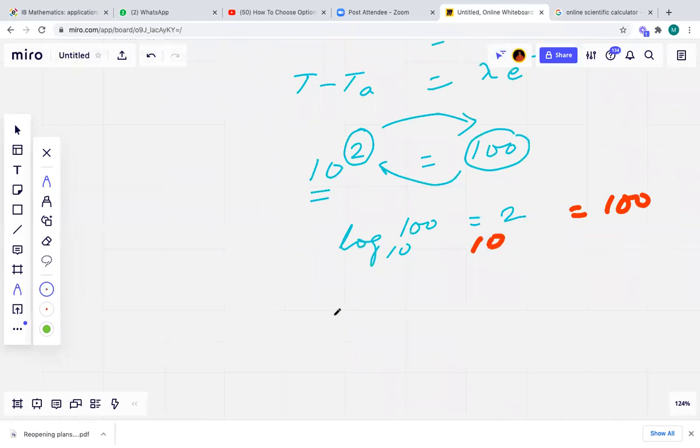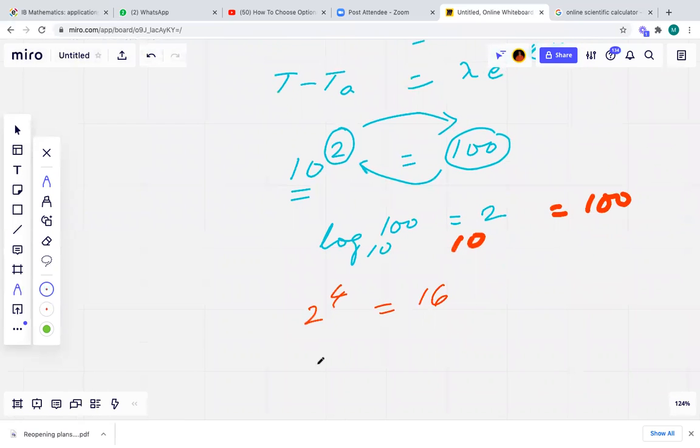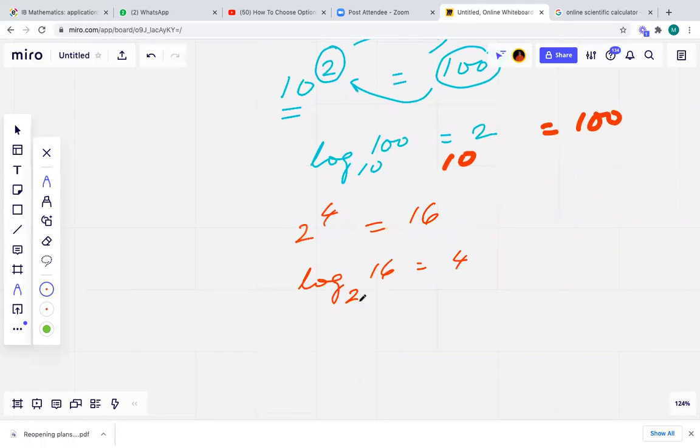If I say 2 raised to 4 equals 16, then I will say log of 16 to the base 2 is 4. Usually the base is 10 if it is not specified.